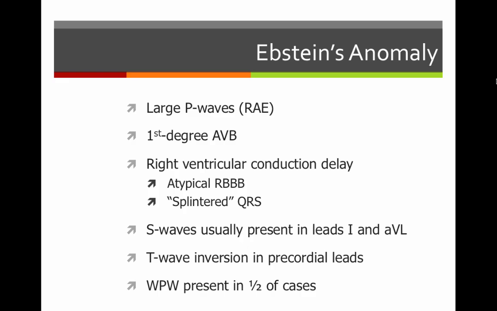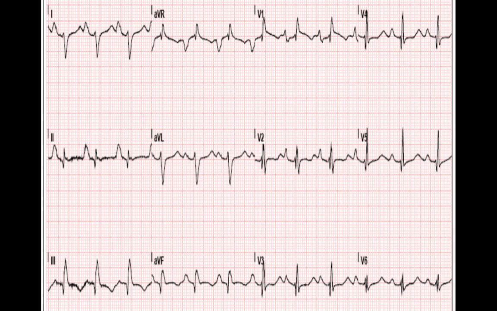You might see S waves in leads 1 and AVL. We'll see T wave inversion in the precordial leads, and about half of these cases present with signs of WPW, Wolff-Parkinson-White syndrome.